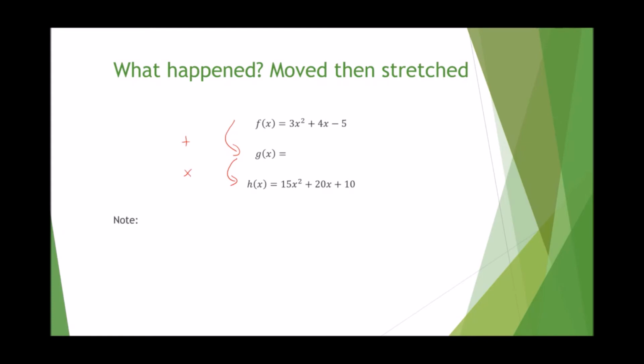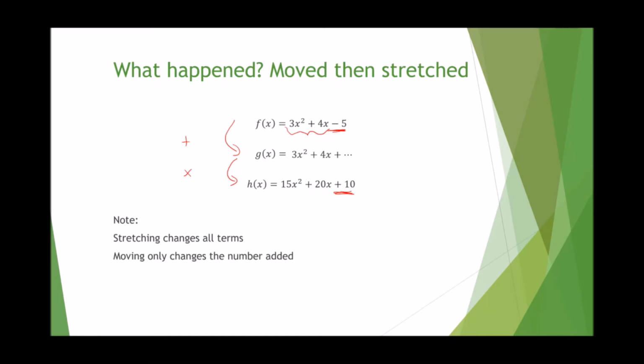Now, important to note here is that stretching is going to change all terms. Every term is multiplied by the factor. But moving only changes the number added at the end. So when it's being moved, this bit is not going to change.